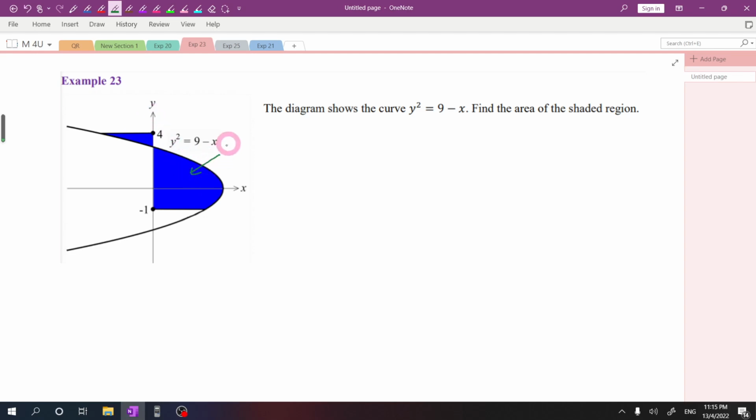We know when we find the definite integral, right hand side will give a positive, left hand side will give a negative, right? So we need to do it separately as I told you just now. Okay, now let me label this as region A and this as region B. Area of region, let me write over here.